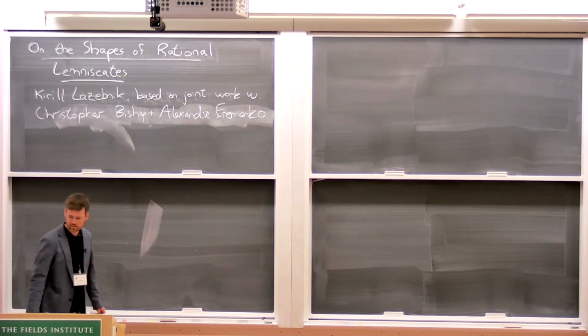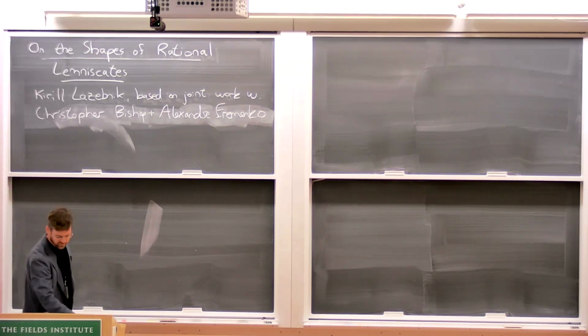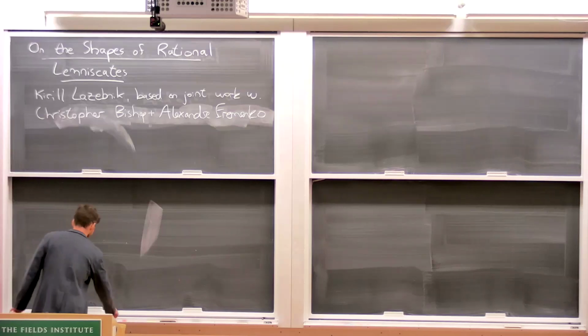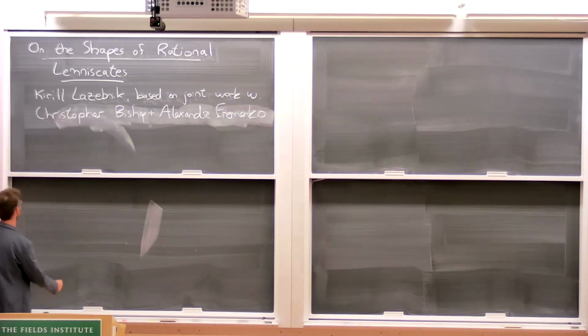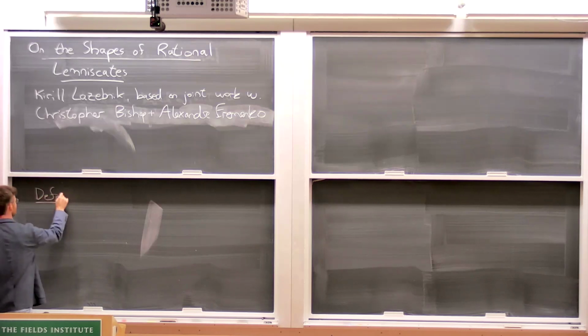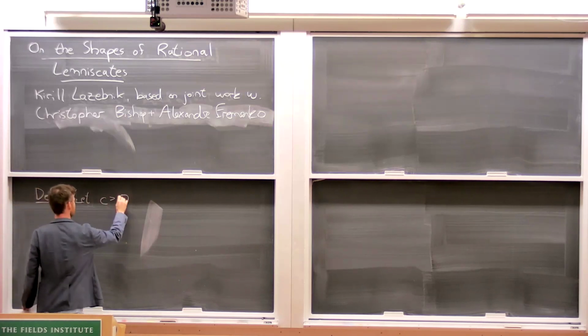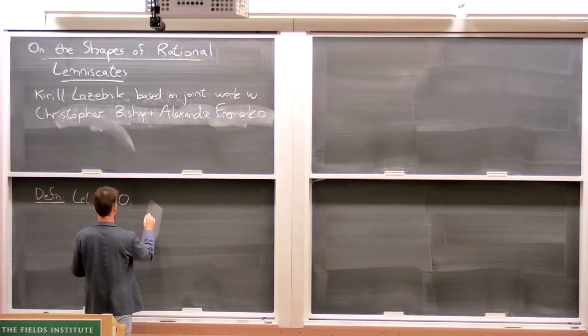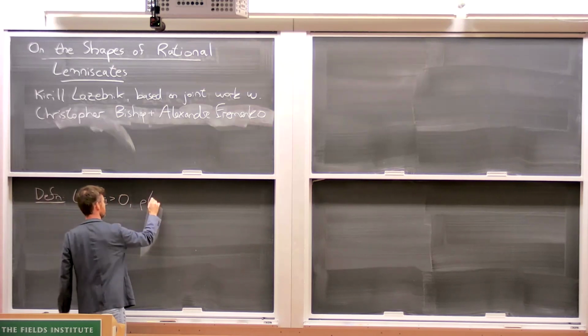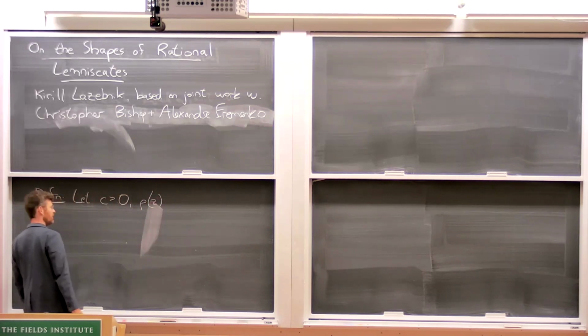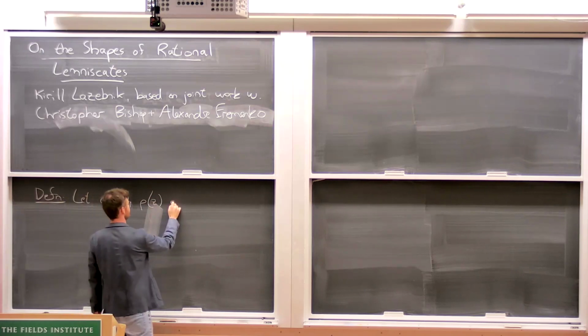So we'll talk about Lemniscates. The first thing we'll do is write a definition of a Lemniscate. If you can't see, let me know. So let C be a positive number, and P a complex polynomial in 1 complex variable.